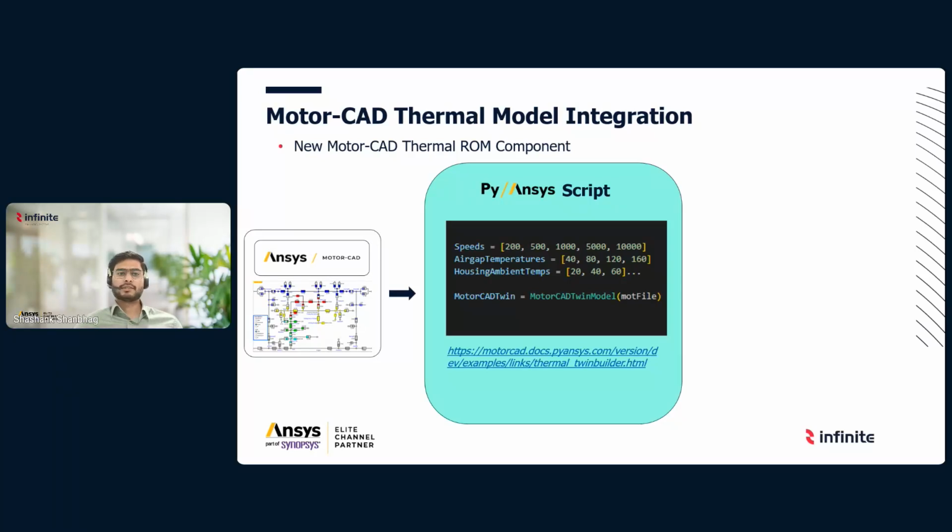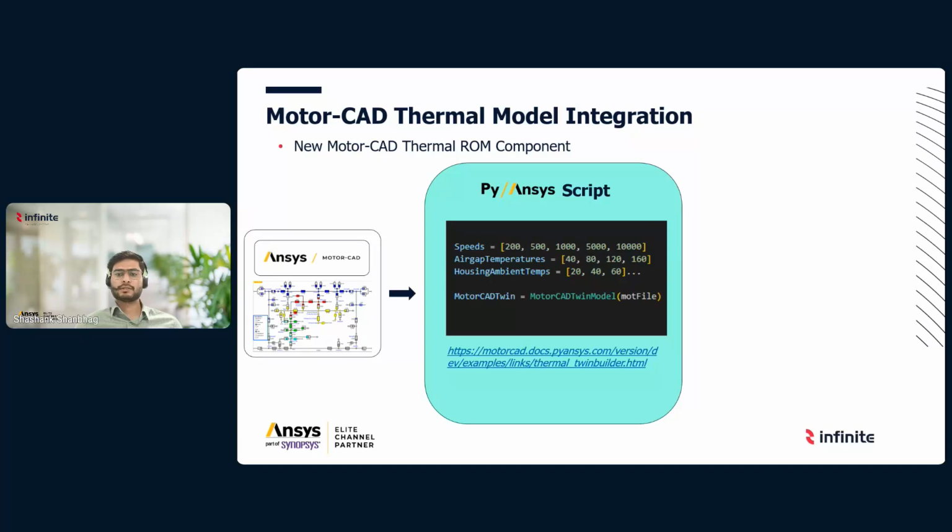However, it can be easily done with the workflow that is already documented, with a Python script that is available on the Ansys website. You can see the link here for that. The complete script is available, which will set it up for you, and there is very little modification necessary. All you need to do is specify a MotorCAD model, for example, the speeds, the air gap temperatures, and the housing temperatures of interest.